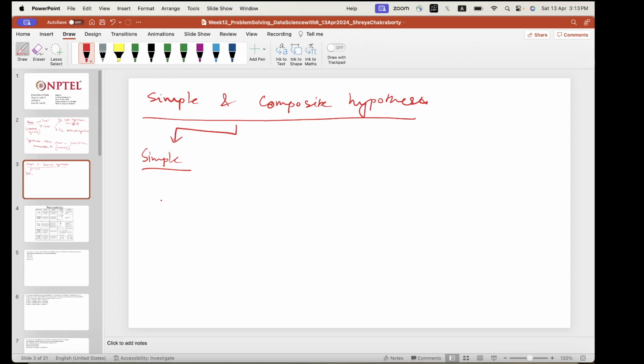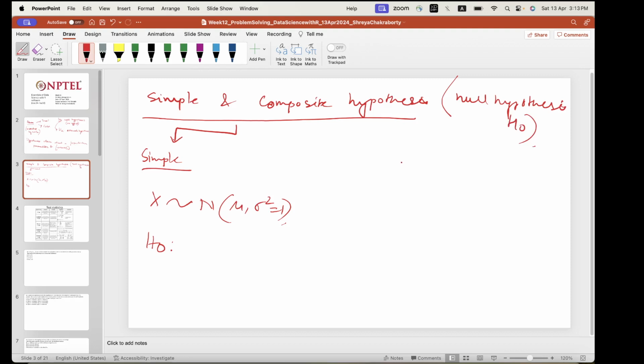So what I mean by this is, let's say I have an x variable which follows some normal with mean mu and sigma square equal to 1. Okay, this is always with respect to the null hypothesis, that is H naught.